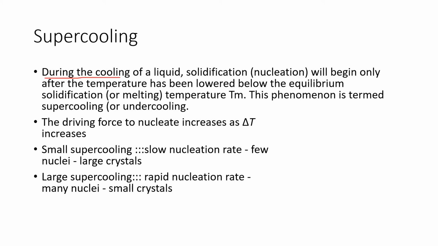During the cooling of a liquid, solidification or nucleation will begin only after the temperature has been lowered below the equilibrium solidification or melting temperature, as we have discussed in the eutectoid formation, where we discussed the eutectoid temperature. Once it is below the thermal equilibrium temperature, or below the equilibrium solidification temperature, both have the same meaning, this phenomenon is termed supercooling or undercooling.